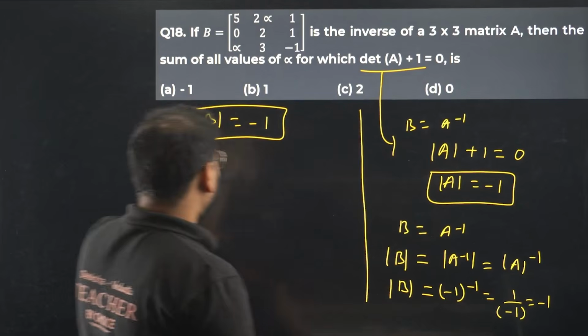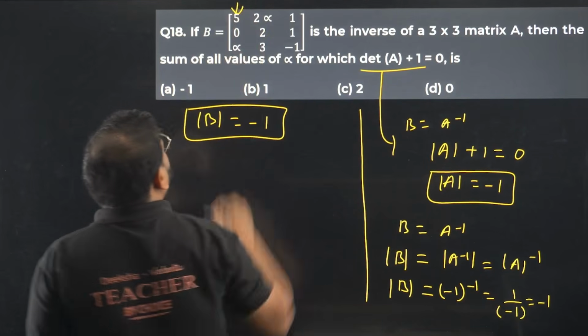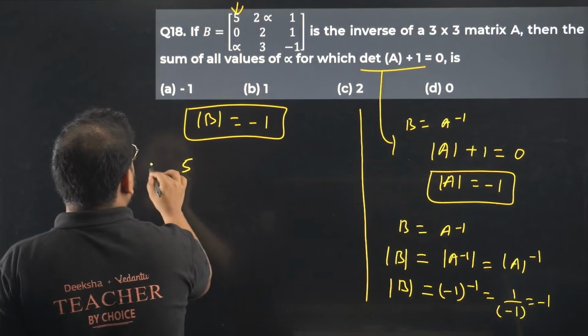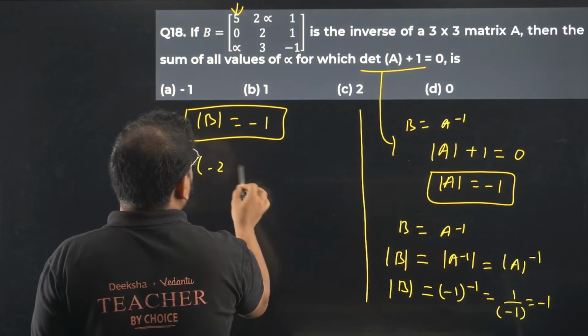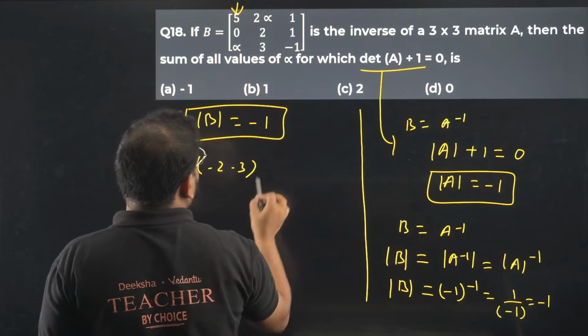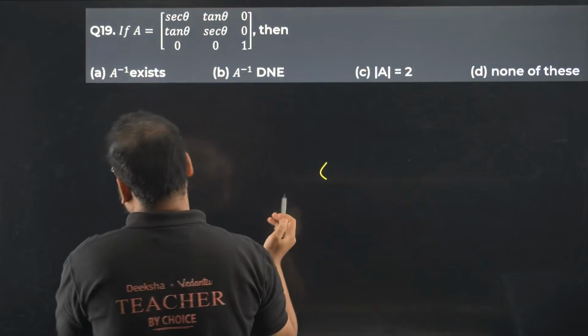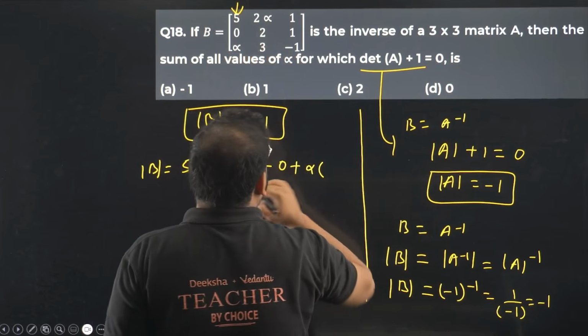Now determinant of B can be found along column 1, because there's a 0 over there. Determinant of B is 5 times minus 2 minus 3, minus 2 minus 3, with 0 everything is gone, plus alpha times 2 alpha minus 2.